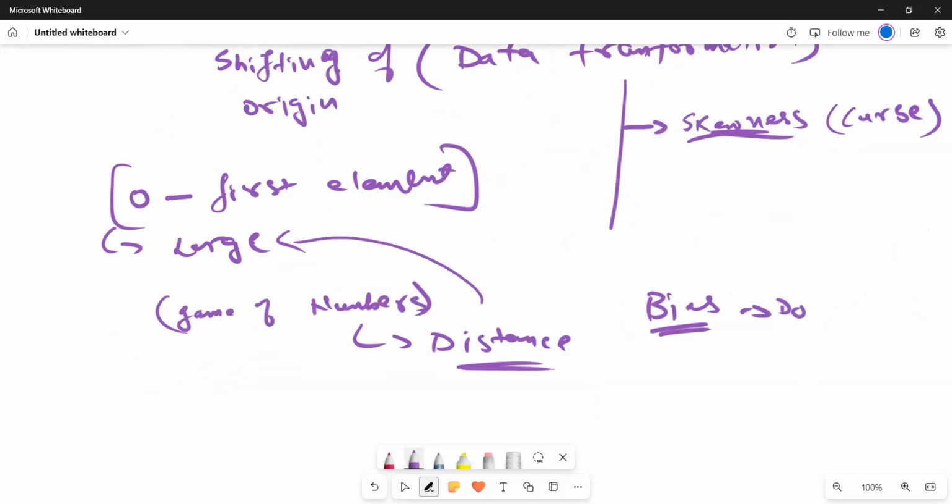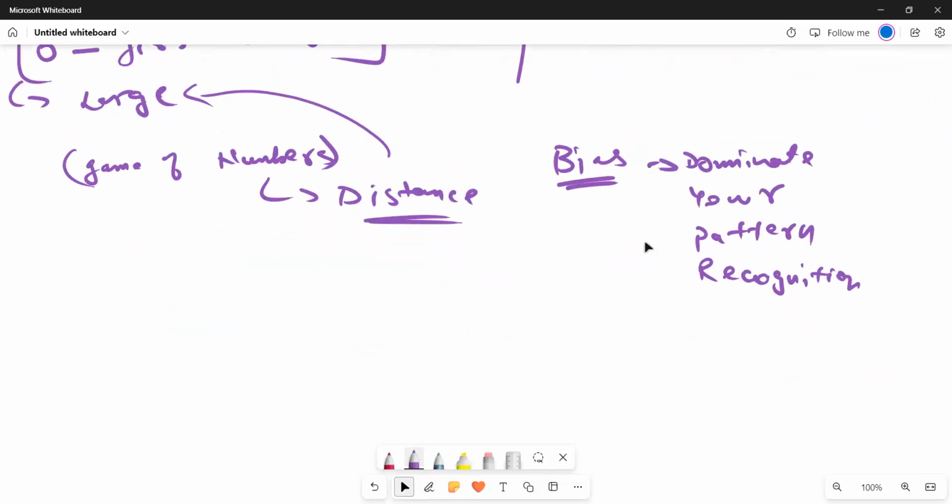It will dominate your, let's say, pattern recognition, right? It will dominate your pattern recognition, and in the chain, this is going to dominate your findings, right? So we want to solve this particular problem.